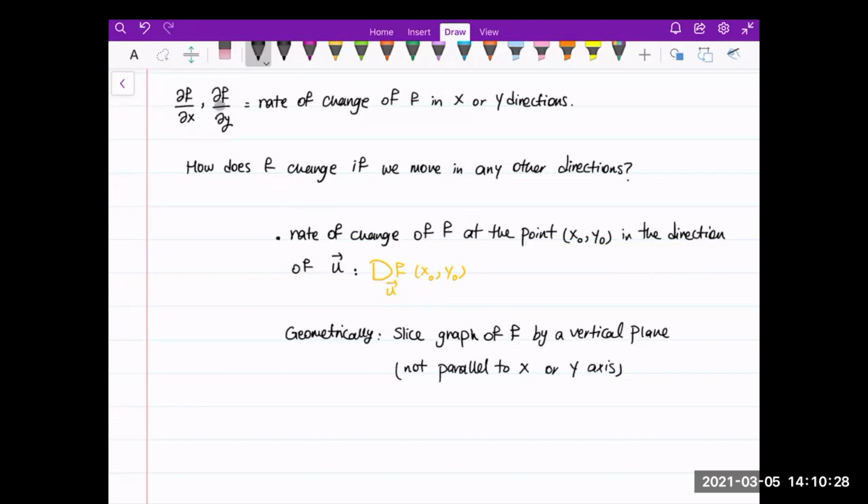And when we wanted to calculate df/dy, we sliced the graph by a plane perpendicular to the x-axis, or parallel to the y-axis, okay? But this time we slice the graph of f by a vertical plane in the direction of u.